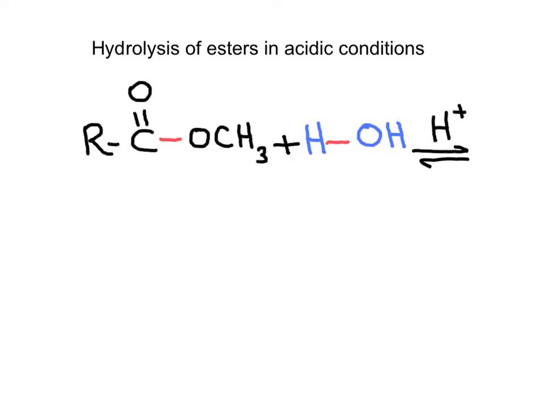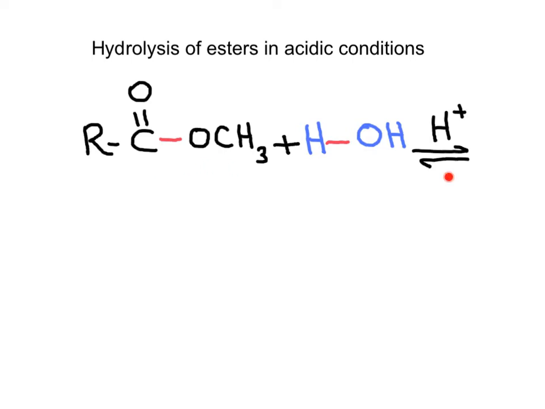The bonds in red will be broken, and we are going to exchange the methoxy group for the hydroxyl group. The acid in acidic hydrolysis is a catalyst. It is not used up in the reaction, and only small amounts are needed relative to the amount of the ester.